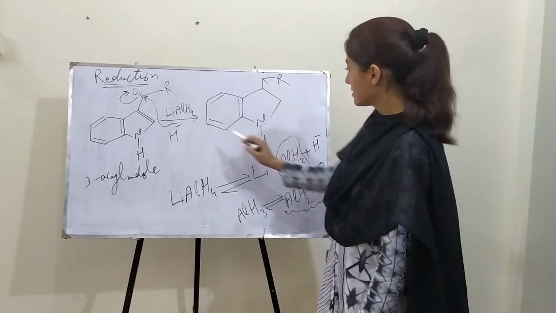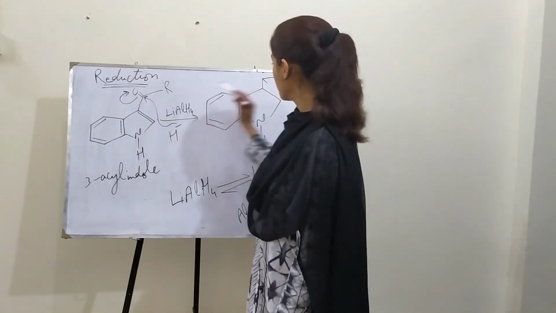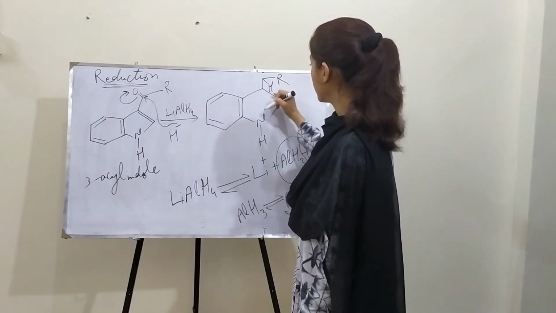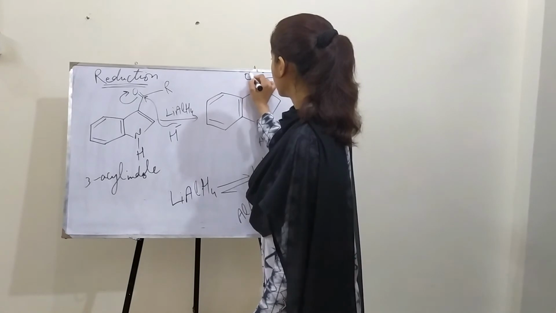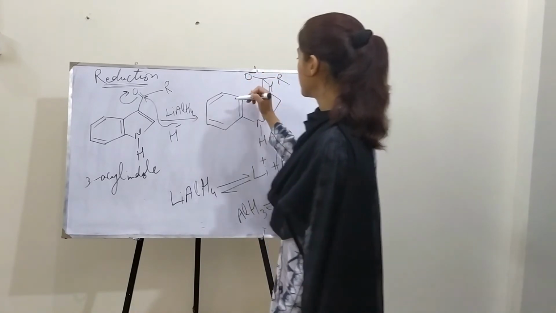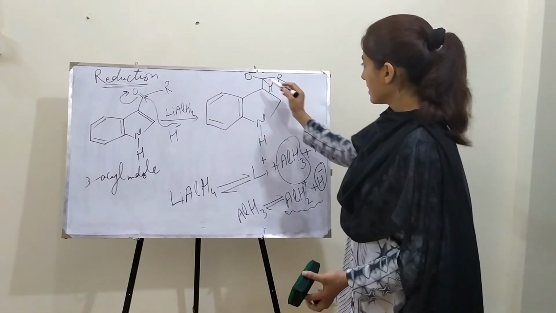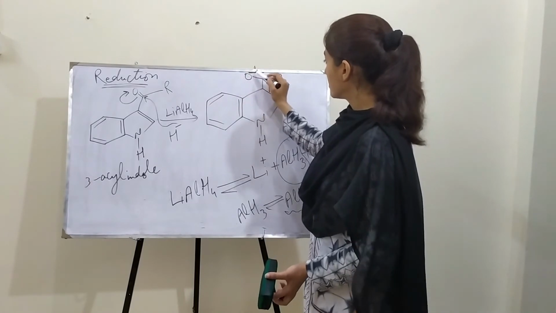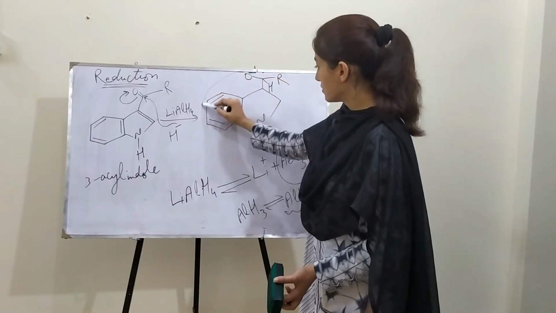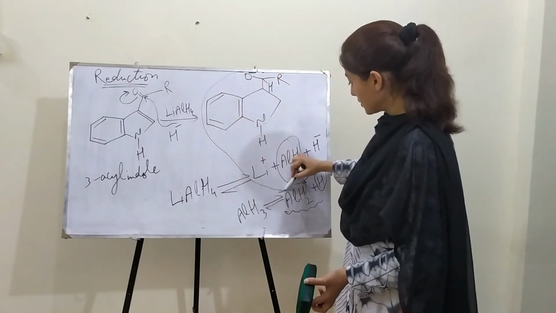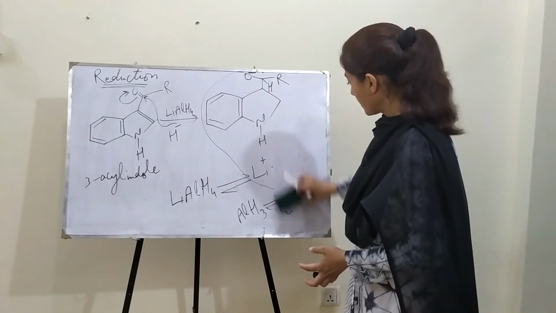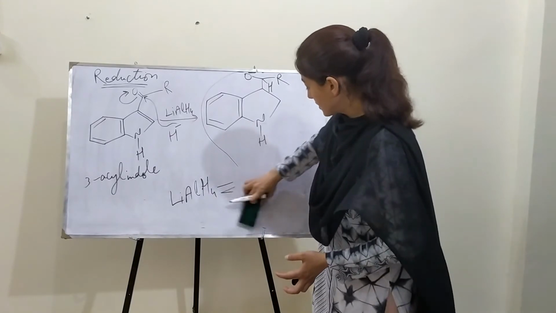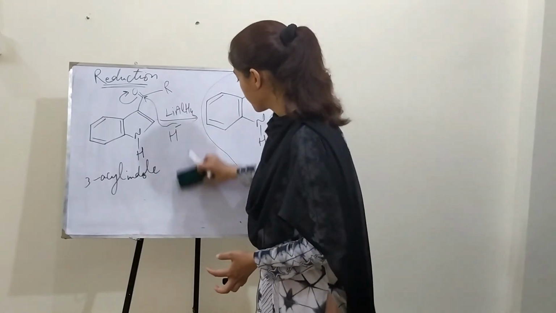As the hydride has attacked this position, the hydride is here, and the oxygen becomes O negative. Then this negative charge on oxygen attacks the AlH2 positive, and our resultant intermediate looks like this.